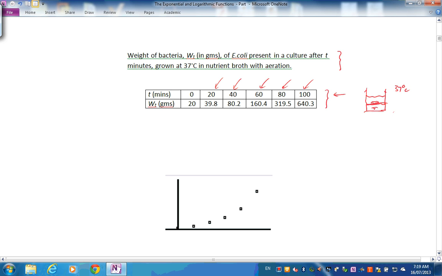Well, you'll have a digital balance here, take this off the stirrer, put it on here, record the weight, put it back. And let's see what the weight is. And you've previously weighed the beaker and the fluid inside of it, and so the difference in the weight gives you a weight of bacterial culture. And so you're going to monitor this every 20 minutes.